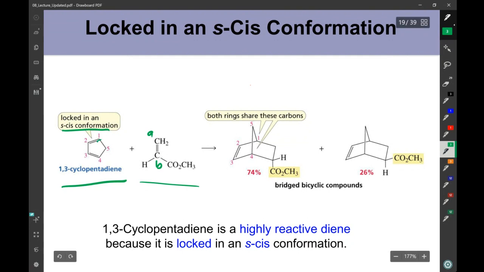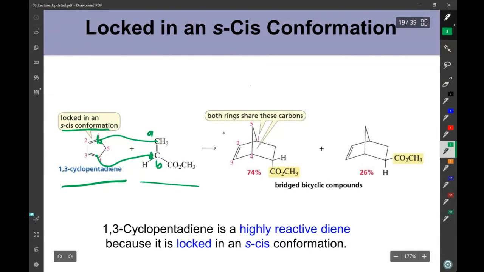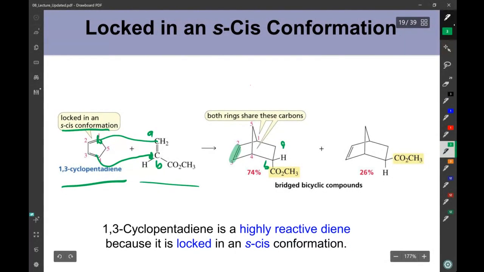I know that carbon 1 is always connected to carbon A, and then carbon 4 is always connected to carbon B. Then I will create a double bond between 2 and 3. And so you can observe here the double bond between 2 and 3. And then you can easily refer to this as carbon A and refer to this guy as carbon B. Does that make sense?